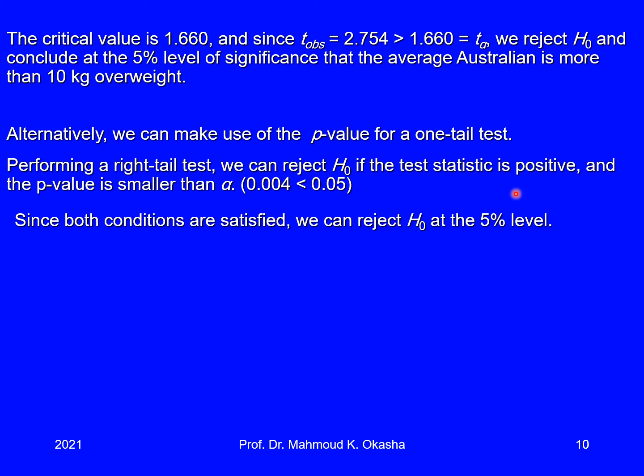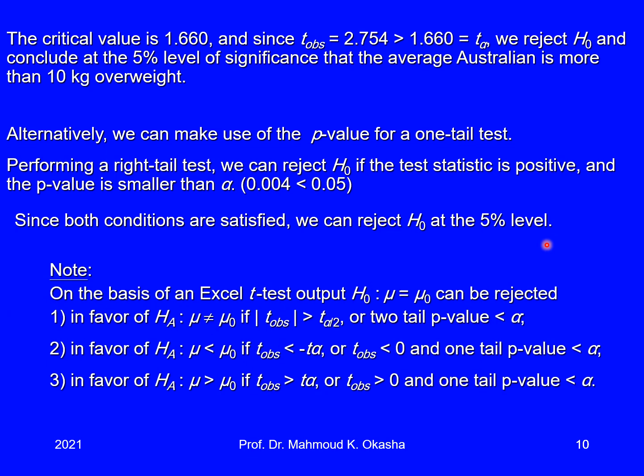We reject the null hypothesis if the p-value is less than the significance level, it need not be very much less, even a little less is enough. So since both conditions are satisfied, we can reject H naught at the 5% level, or in this case even at the 1% level actually. Right?